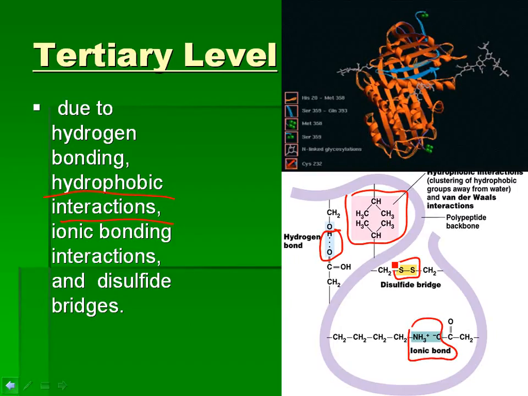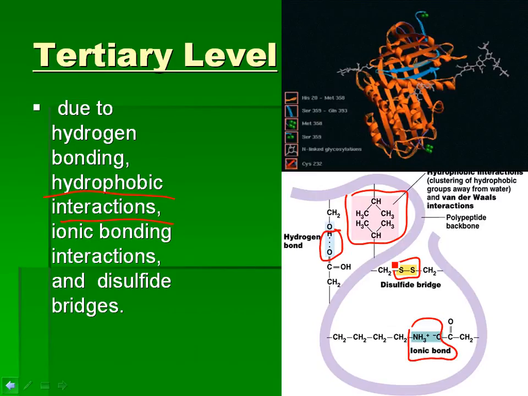If you look at the top, one of the other things that you want to remember about tertiary structure is the final folding and twisting that results in a globular molecule. So it can include alpha helices and beta sheets, or all alpha helices, or all beta sheets, but it is the final folding and twisting.